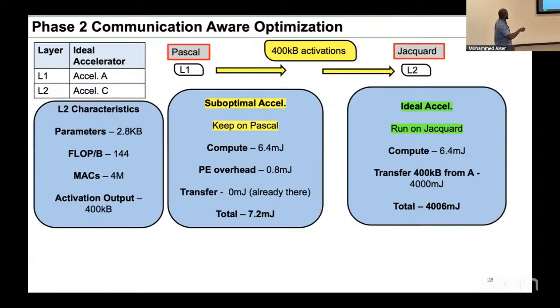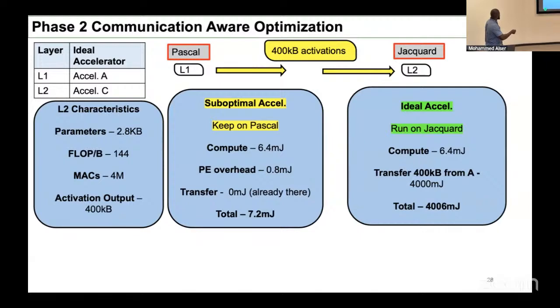But if you run it on the ideal accelerator, you get more efficiency from your processing elements. But if you keep it on the suboptimal accelerator, you might get maybe like 40% utilization, but it's still the same compute, almost the same overhead.